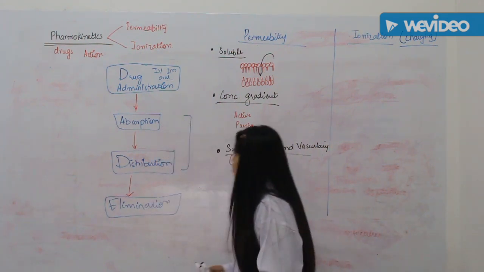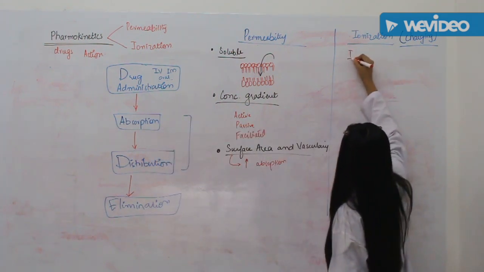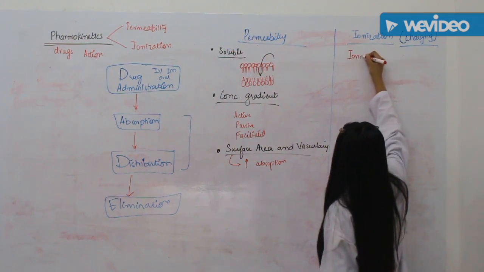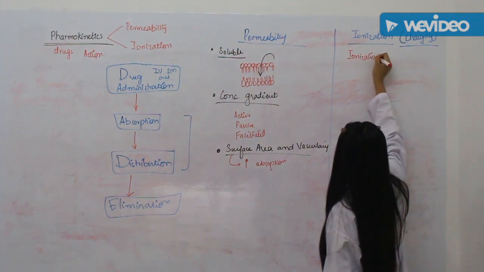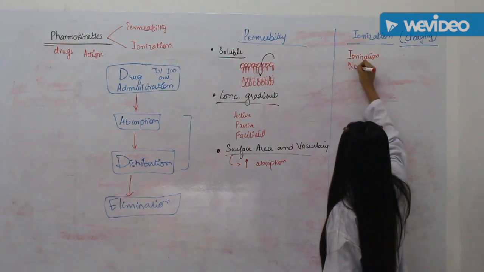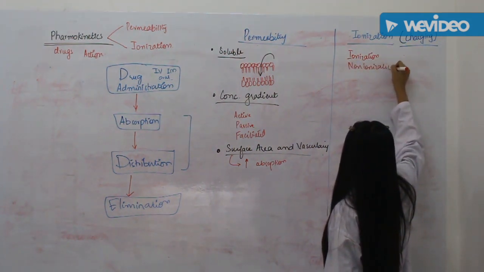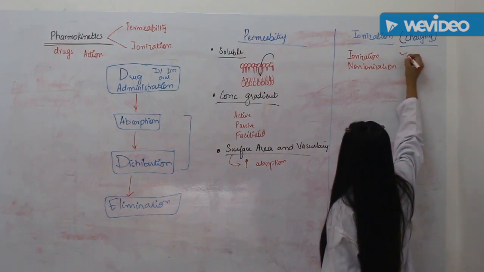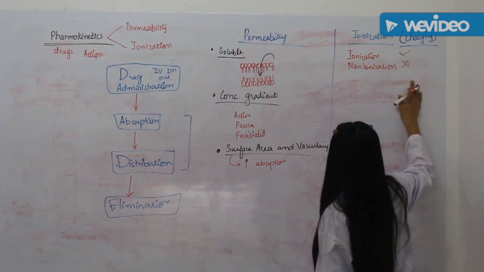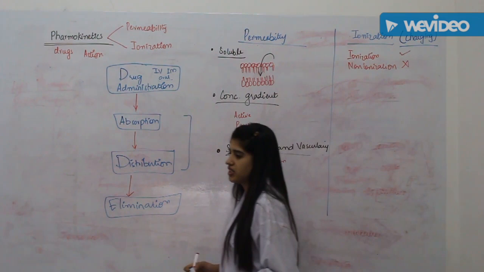Then there is a condition called ionization and non-ionization. If it is charged, then we can say it's ionized. If it is not charged, we can say it is non-ionized.